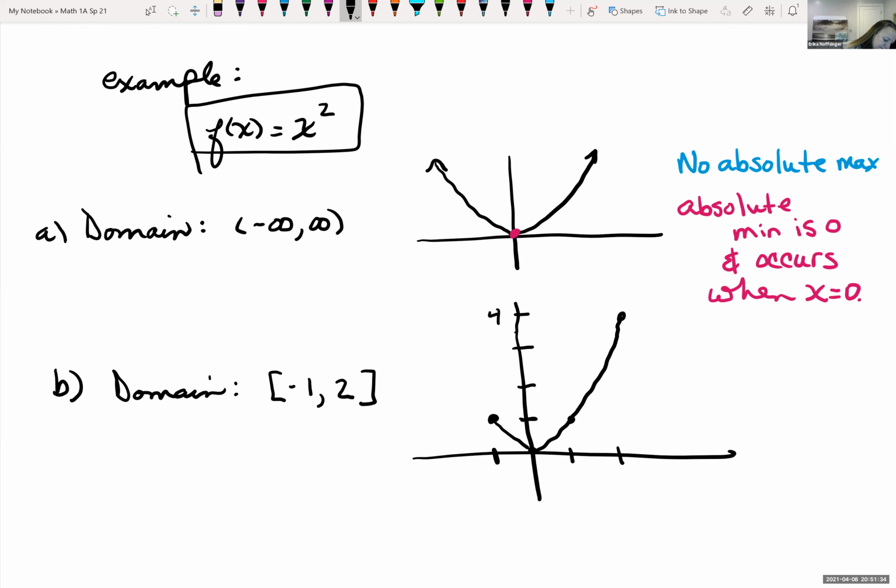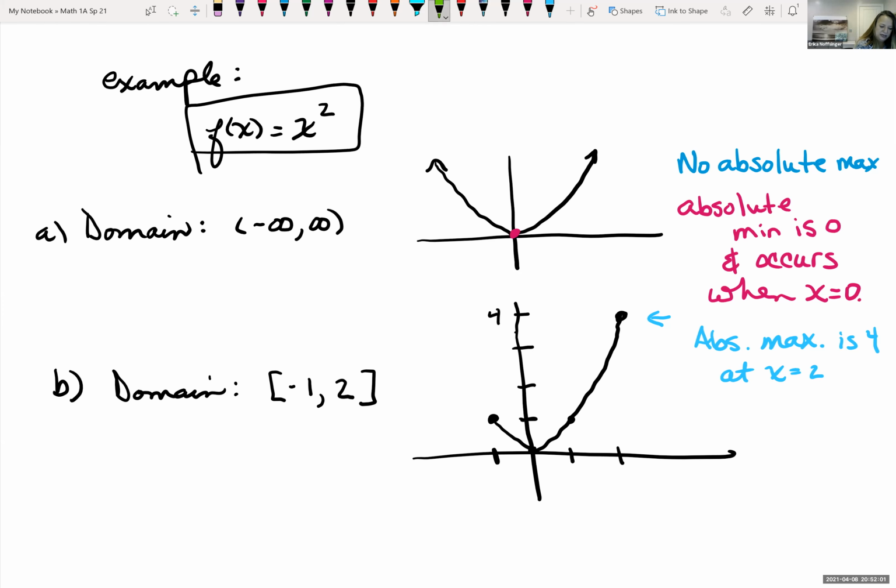So it asked me to find the absolute maximum value in here. That absolute maximum value is going to occur at x equals 2, and it is 4.